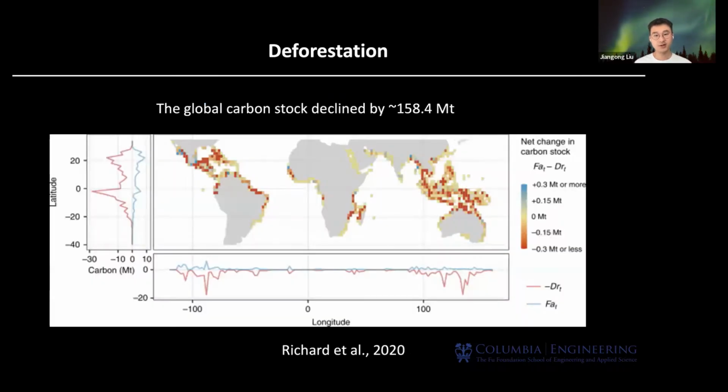If we quantify this kind of immediate carbon loss from mangrove deforestation, there could be quite a large amount over the past 2 decades. Especially Southeast Asia is the hot spot for this carbon emission during land use change and land cover change.